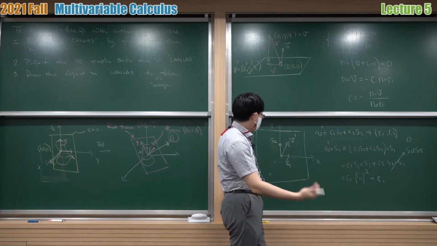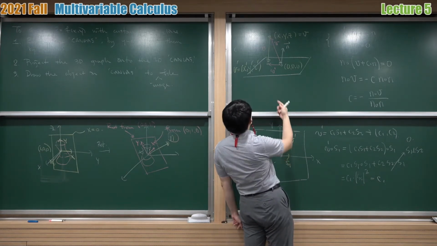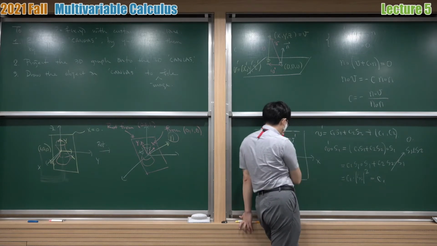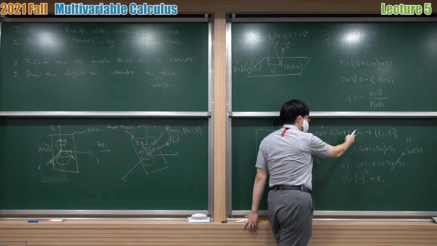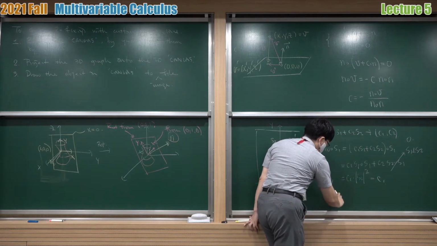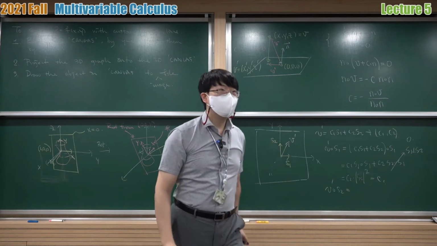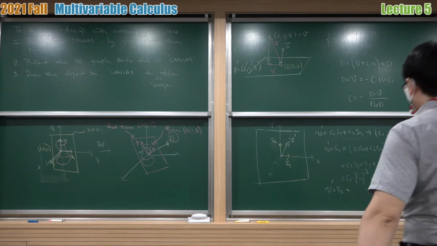So this will be simply C1. What we did is take the vector that is projected onto the plane and then simply take the inner product with S1 to get C1. And for C2, what should we do? Same as the previous part.